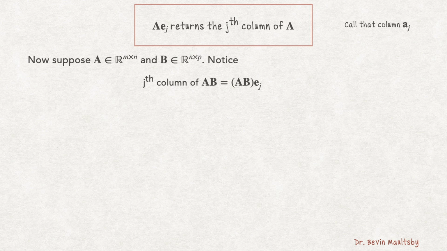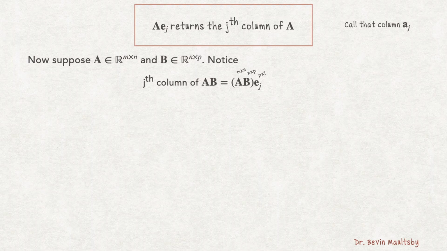If you haven't identified the dimensions of e_j yet, let's just pause to identify the sizes of the matrices that we're multiplying. So we know that A is M by N, B is N by P, therefore e_j must be P by 1. It is a vector in R^P. To say more about this jth column of AB, let's use the associativity of matrix multiplication.